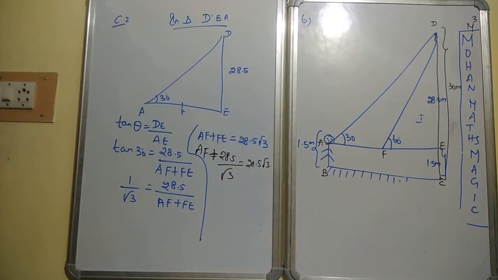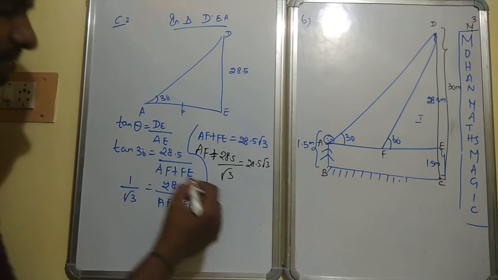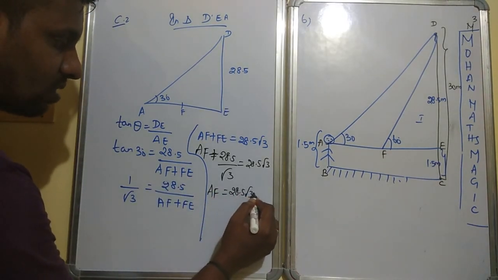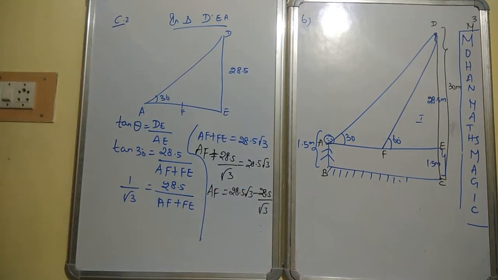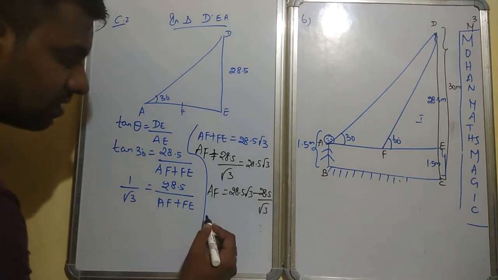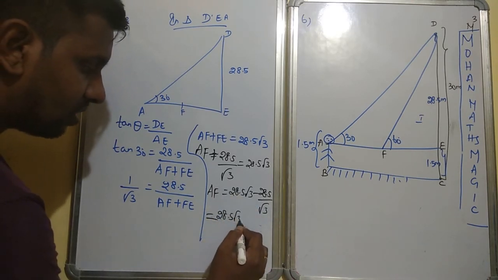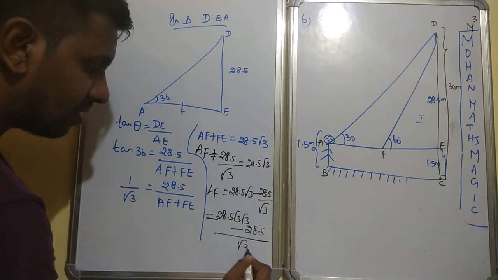Now take it to the next slide. Therefore I got AF equal to 28.5 root 3 minus 28.5 upon root 3. Now cross multiply, you will get the answer: 28.5 root 3 into root 3 minus 28.5, upon root 3.